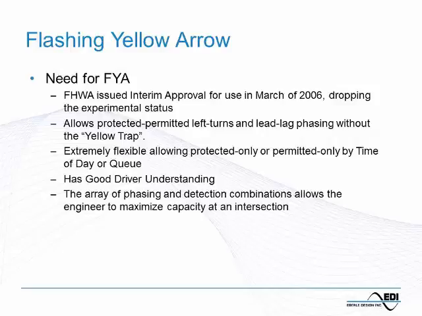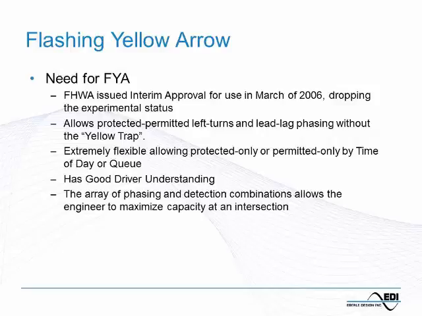One of the benefits of flashing yellow arrow is that it provides a very clear way to implement the protected permissive left turns without the yellow trap and with complete control over what the left turn motorist actually sees.